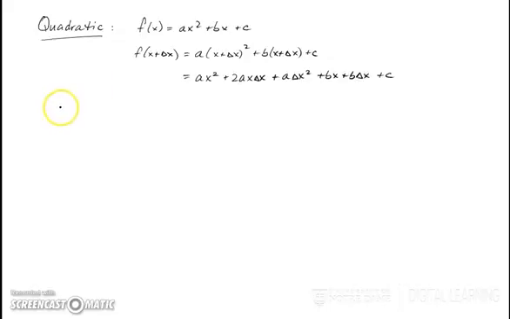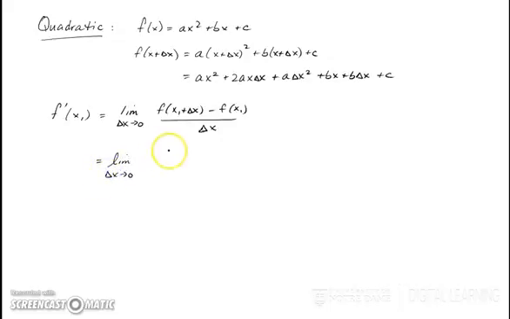Okay, so now we want to take the derivative of this function. So we want f prime of the function evaluated at x1. As we said before, this is the limit as delta x goes to 0 of f of x1 plus delta x minus f of x1, divided by delta x. This is going to be very messy, but let's write it all out anyway. So this is equal to the limit as delta x goes to 0 of this term minus this term.